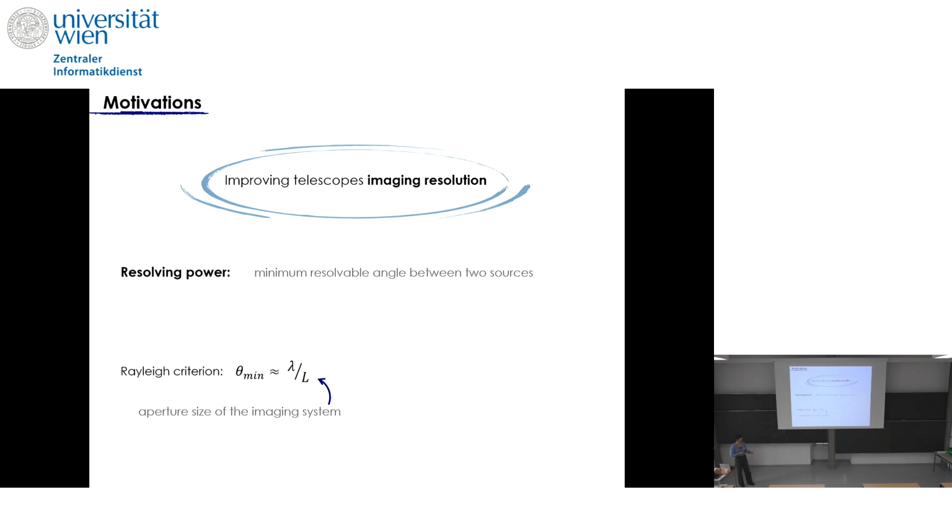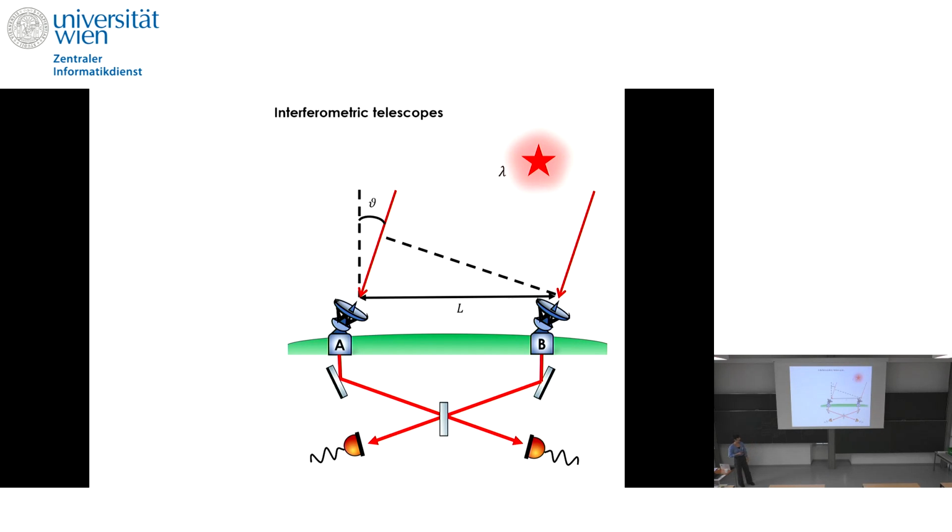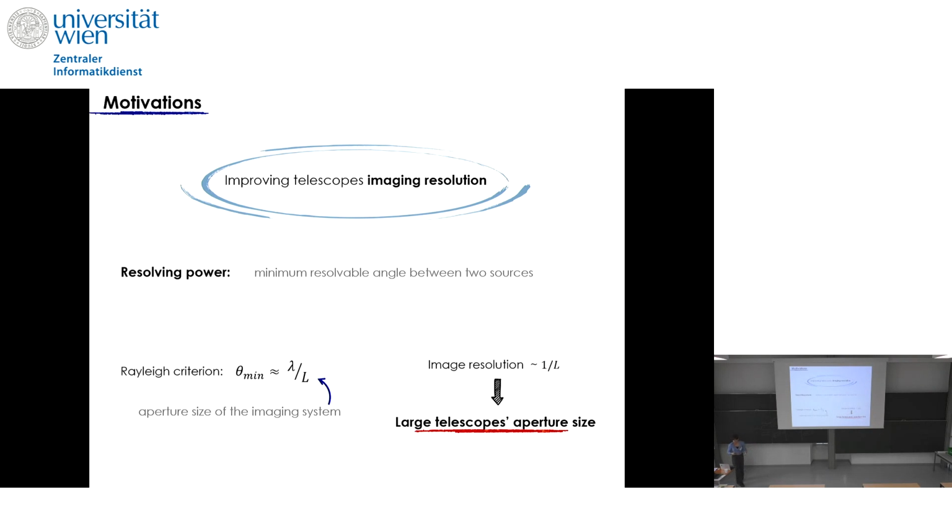And there are many quantitative criteria. One of these is the Rayleigh criterion, which basically says that the minimum resolvable angle is given in terms of the wavelength of your resource, lambda, and the aperture size of your imaging system.